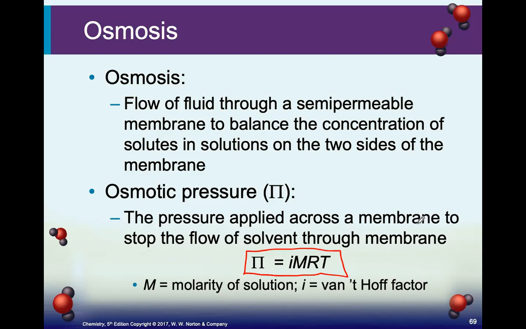Imagine a filter paper, and you put water on top of it. The water creates a pressure on top of the filter paper and pushes the water through. Gravity pushes the water through.